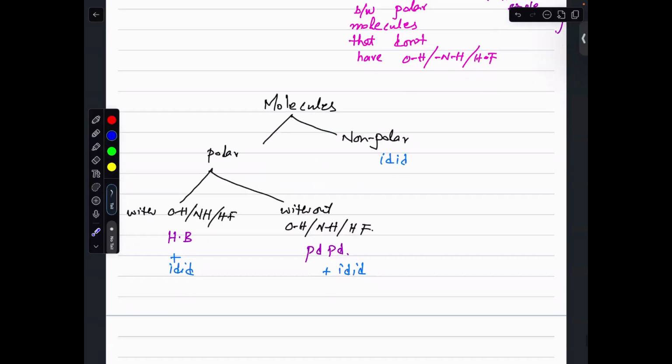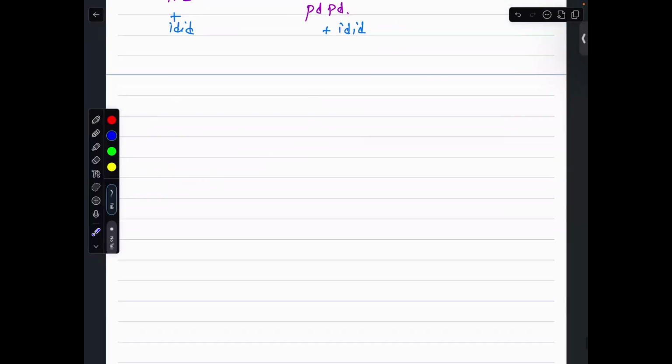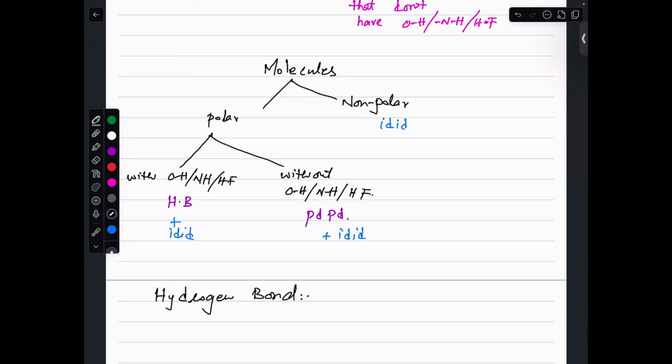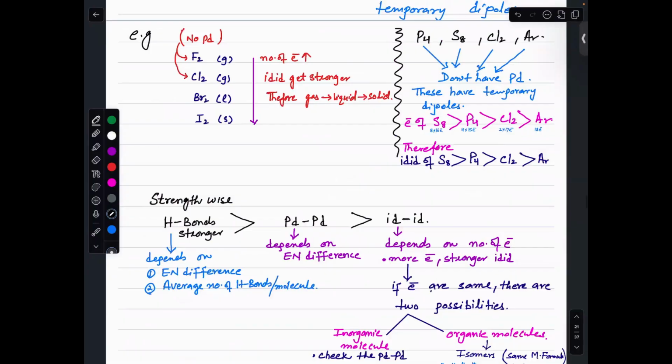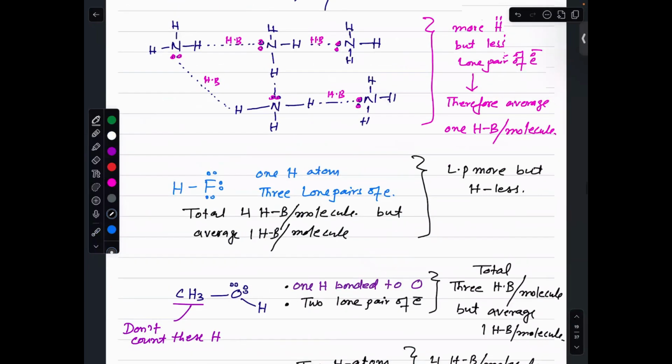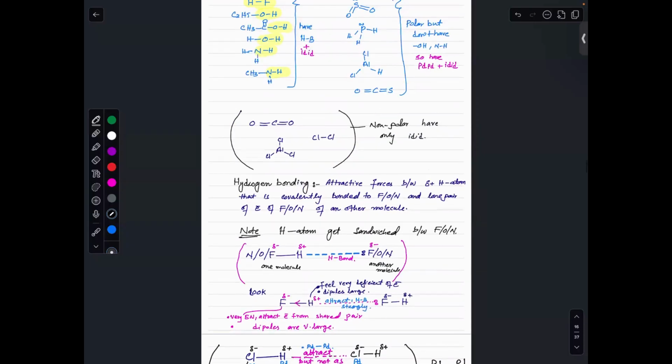Now, the first thing: what is hydrogen bond? I'm starting with hydrogen bond and then I will go this way to explain. If I show you the notes that you will find on my website, I think they describe almost everything.